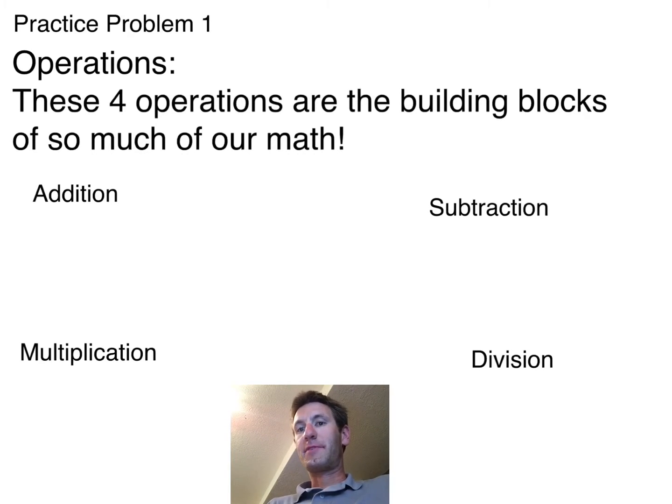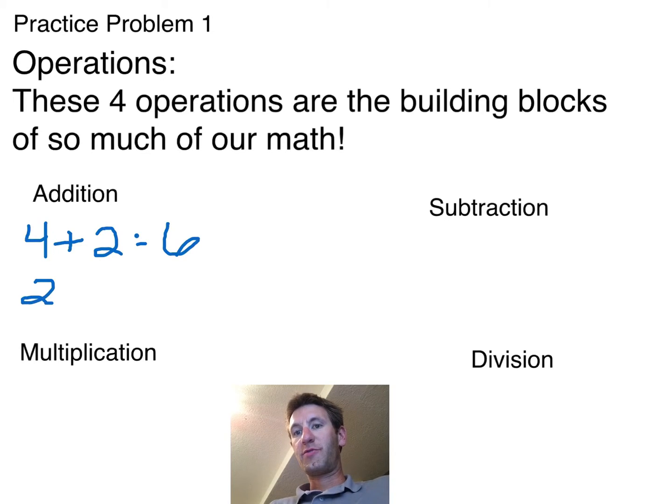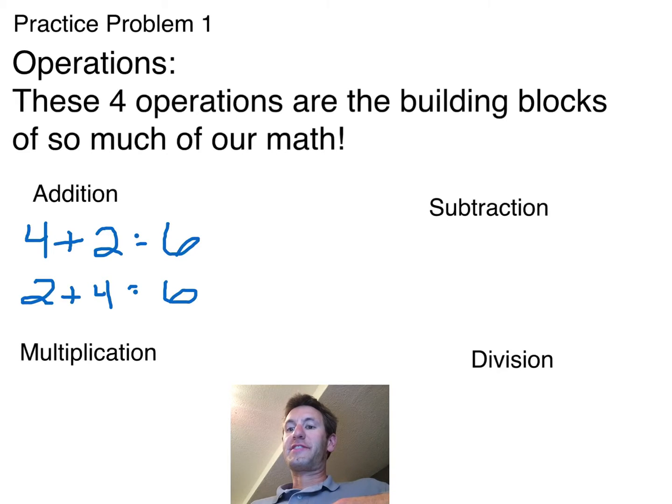For example, you might do 4 plus 2, the digit 4, the digit 2, and your answer, or the sum, is 6. We also know with addition that 2 plus 4 can also give me 6. They mean the same thing. You can put those digits in any place that you want, and you'll still get the same sum. And the sum is the answer to the addition problem.